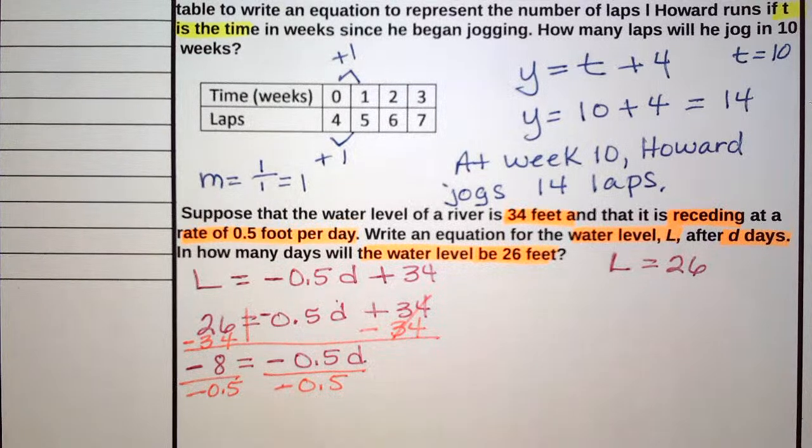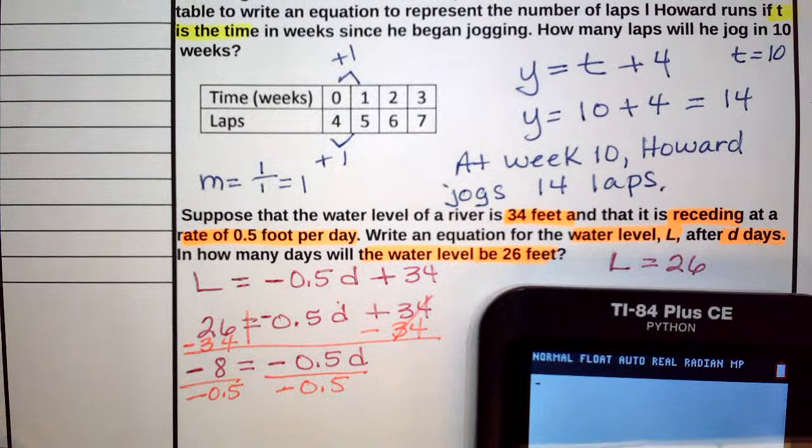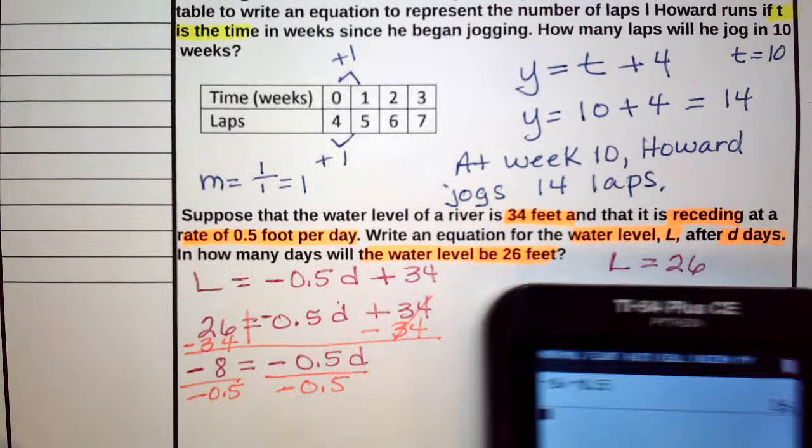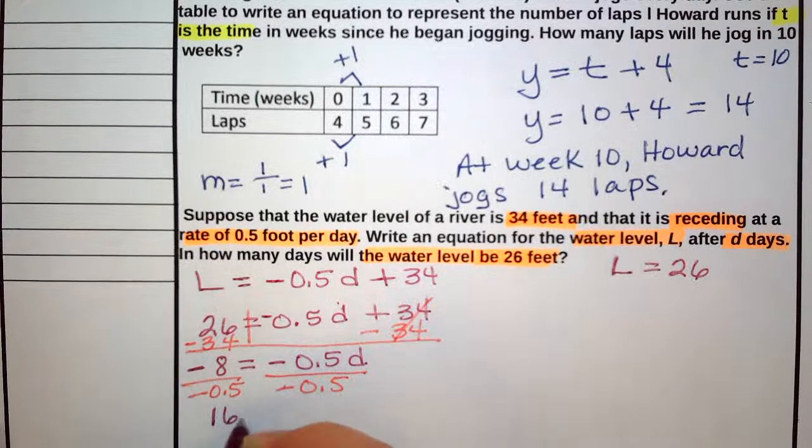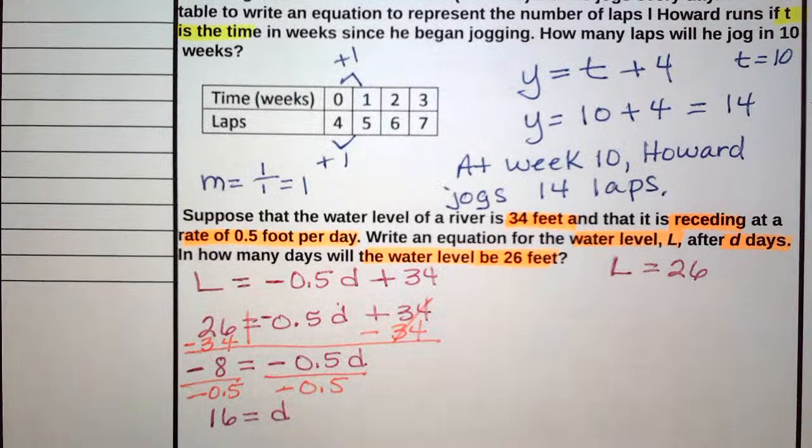And what do I get? Negative 8 divided by negative 0.5, and I get 16. 16 is equal to D. What does that mean?